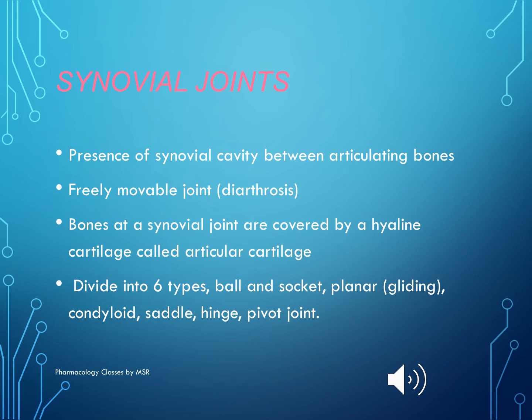The bones of a synovial joint are covered by hyaline cartilage, called articular cartilage. Synovial joints are of 6 different types: ball and socket, planar or gliding joint, condyloid joint, saddle, hinge and pivot joint.